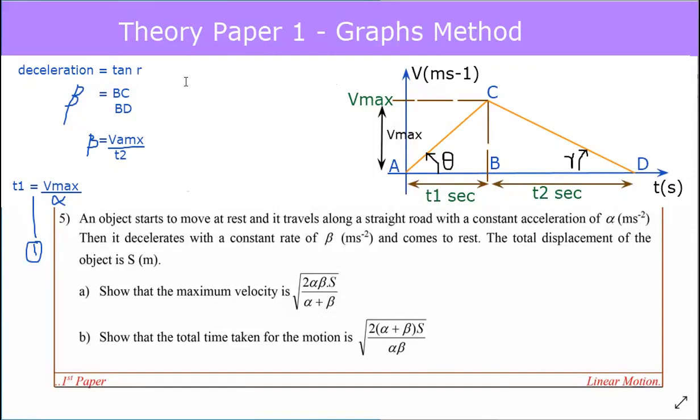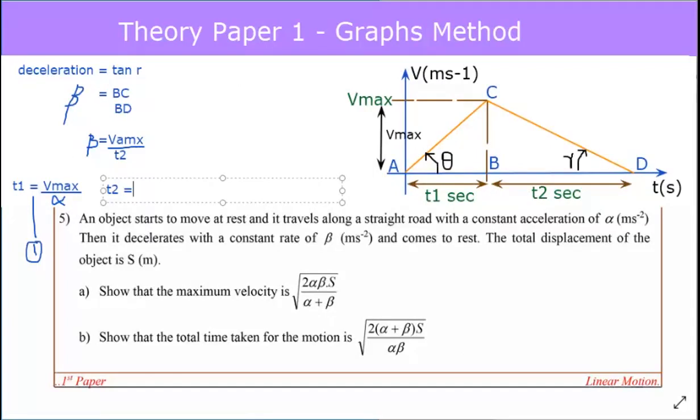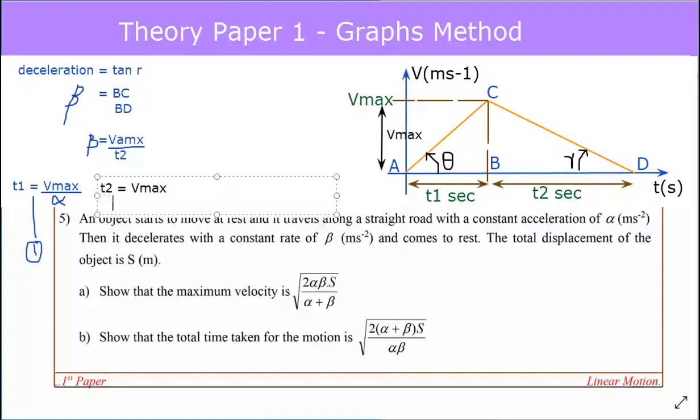I'll write it right here. T2 equals, let me change the color, T2 equals V max divided by beta. Right, please write it there.